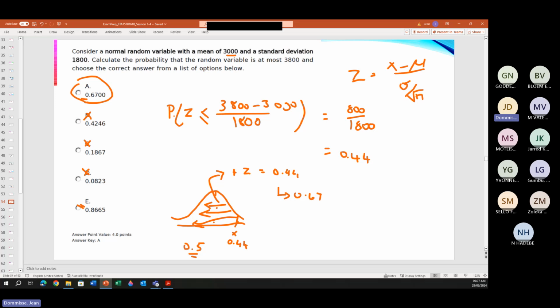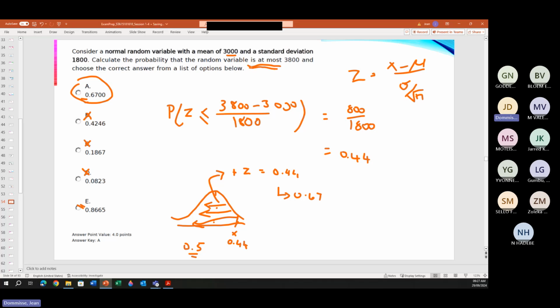From the Z number, we go to the Z table to get the probability. So on this one again, it could have been that they change these wordings.